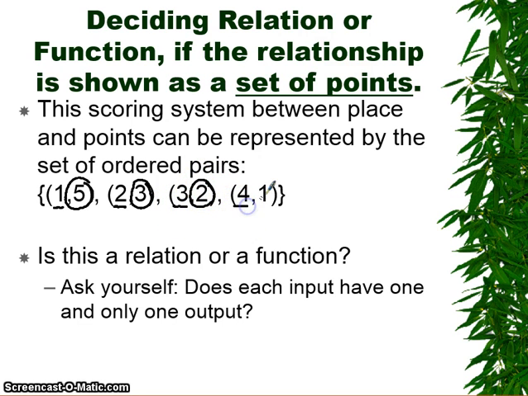And last, does an input of 4 always give you an output of 1? And the answer is yes. So, does each input have one and only one output? Yes. So that is a function. I didn't write that in a complete sentence, but you can imagine that you could. You could say this relationship is a function because every input has one and only one output.